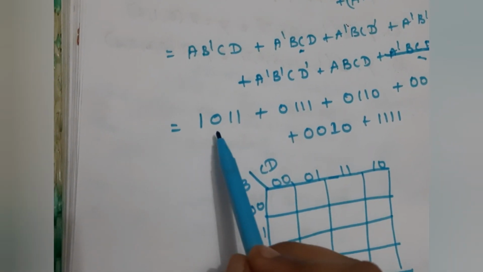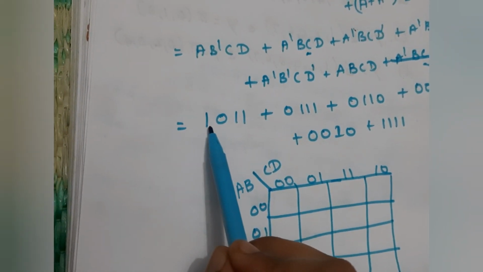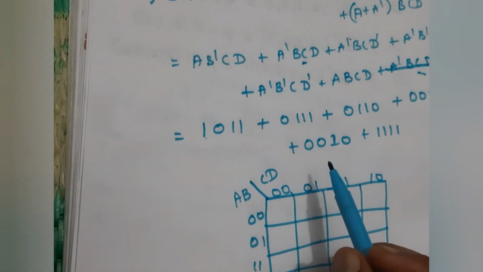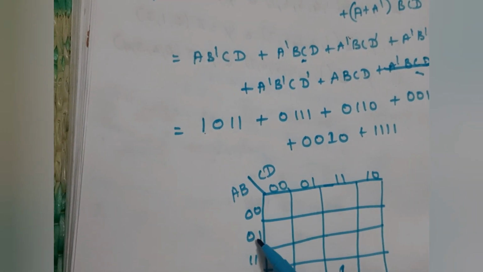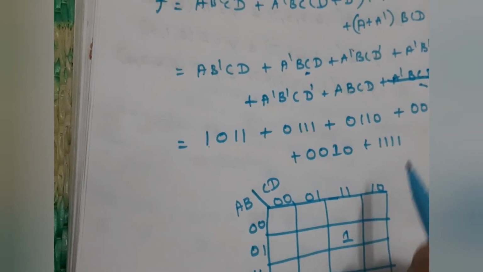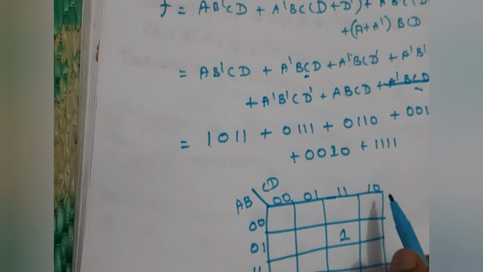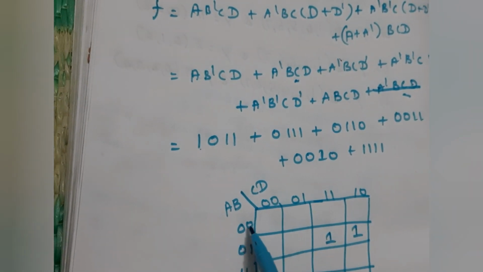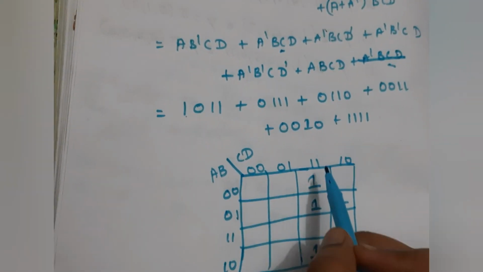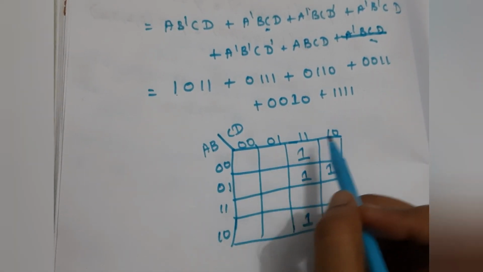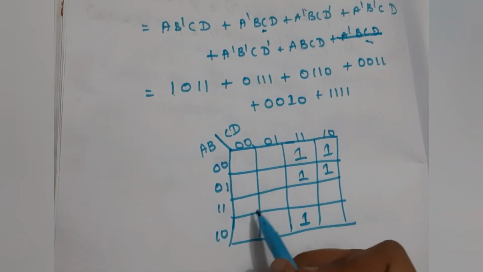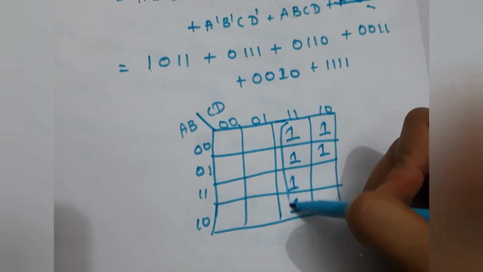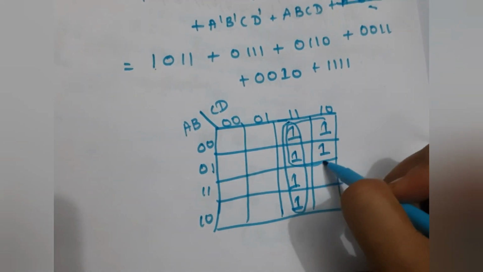Now we have a 1 output for the combination 1 0 1 1, and 0 1 1 1 also 1, 0 1 1 0 also 1, 0 0 1 1 also 1, 0 0 1 0 also 1, and 1 1 1 1.